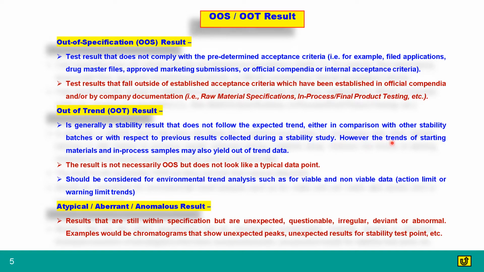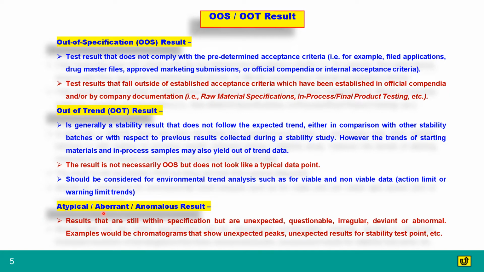However, the trends of starting materials and in-process samples may also yield out-of-trend data. The result is not necessarily OOS, but does not look like a typical data point. Should be considered for environmental trend analysis, such as for viable and non-viable data, action limit or warning limit trends.